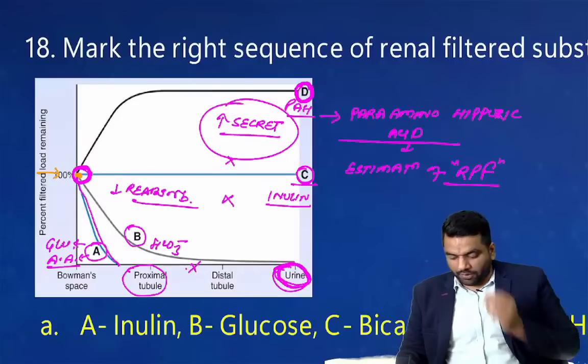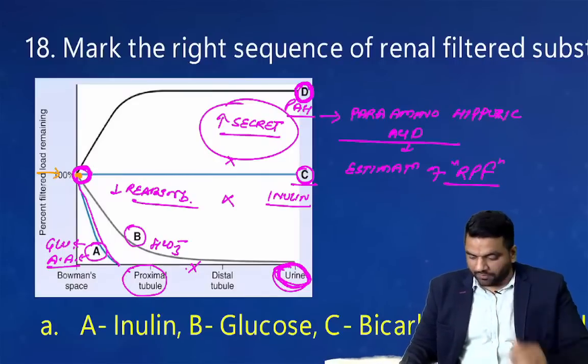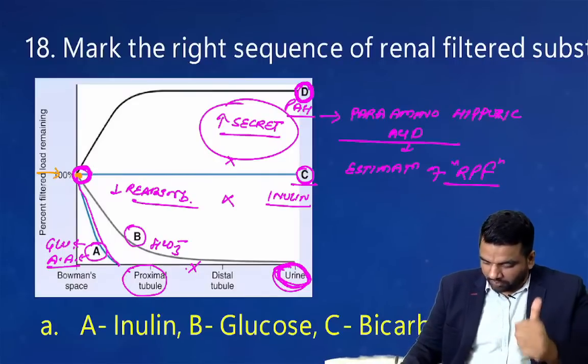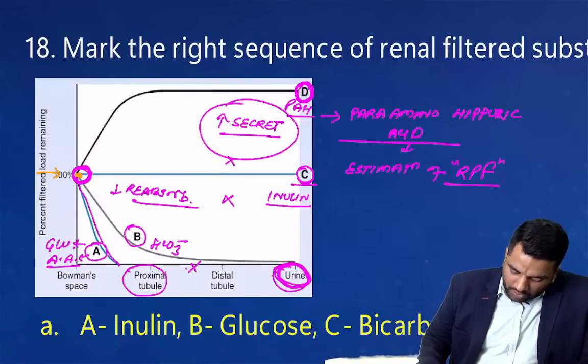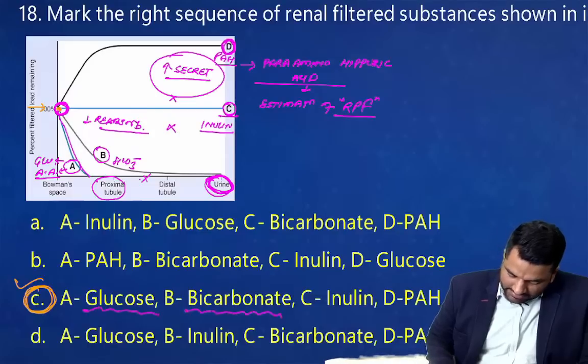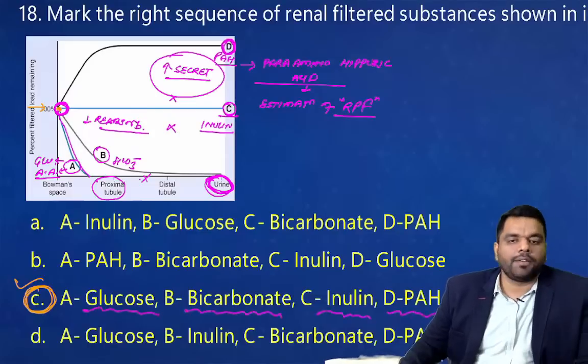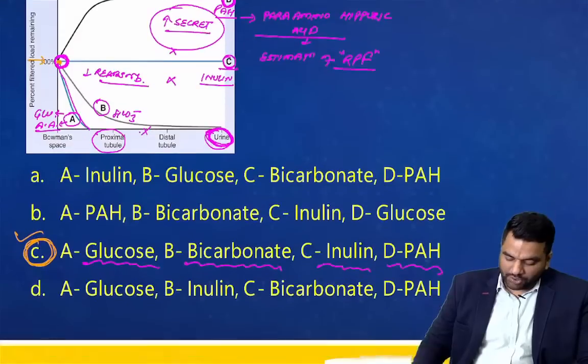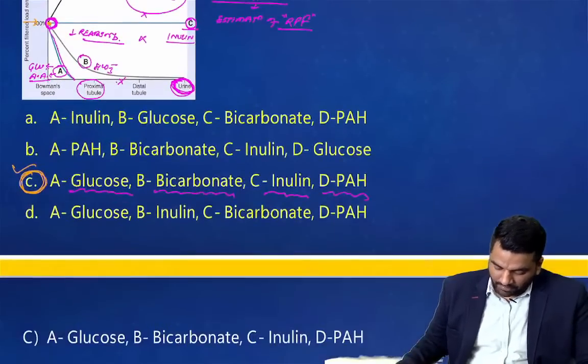Yes, very good, Sachin. So now you know all the substances one by one. As you can see, A is glucose, B is bicarbonate, C is inulin, and D is PAH. So the right answer of this question is option number C.